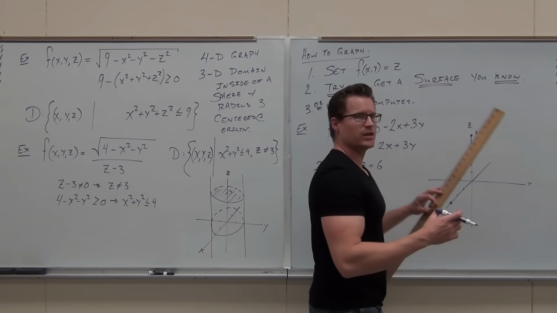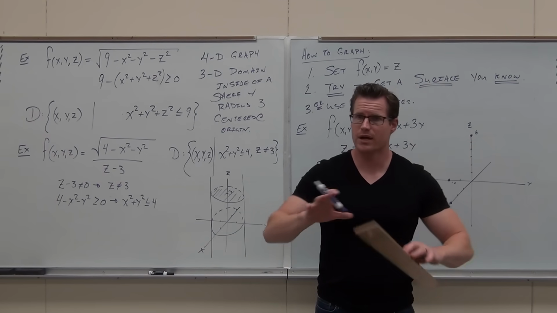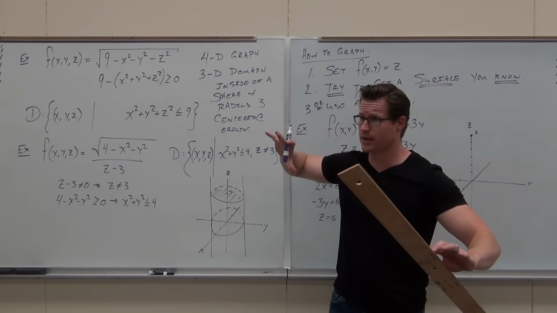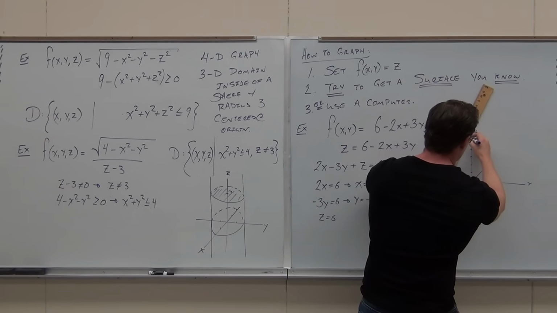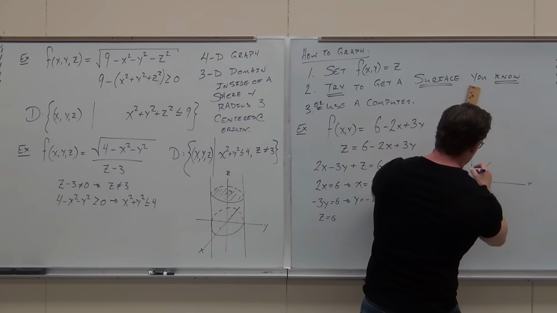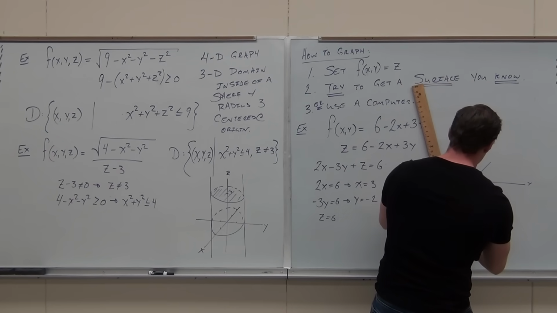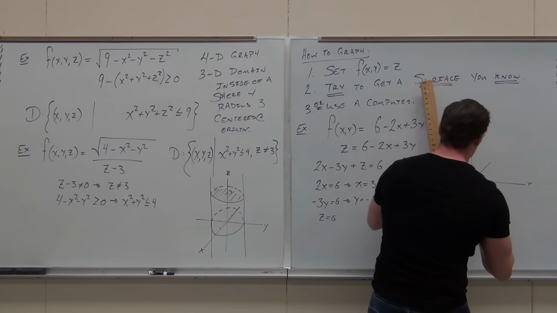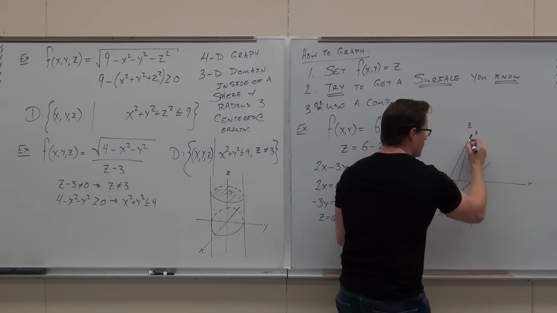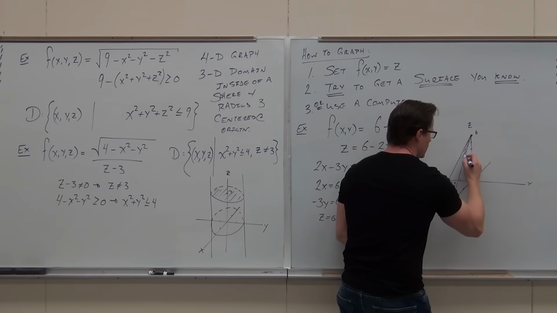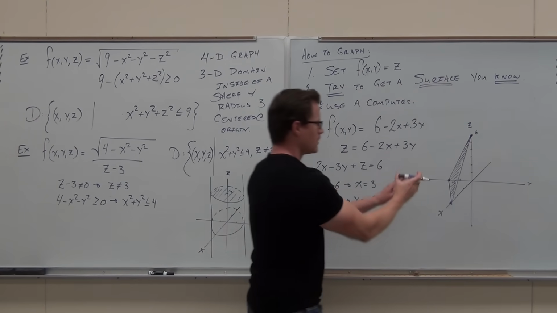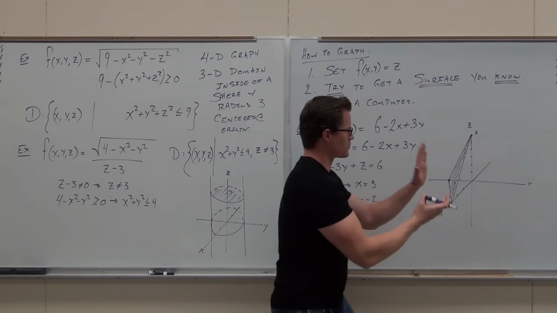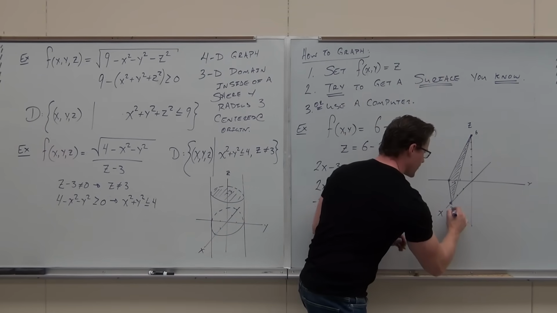So this plane, now we're going to get a triangle, but that triangle, if we extend it, would represent our plane. So when we graph our triangle here, that triangle is representing our plane that's crossing all three of those points.